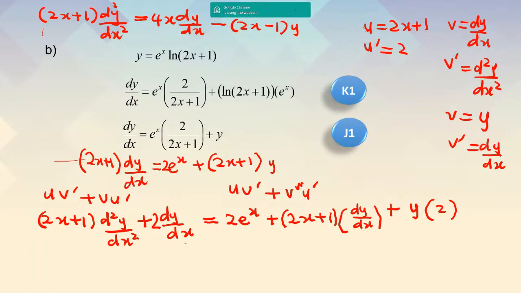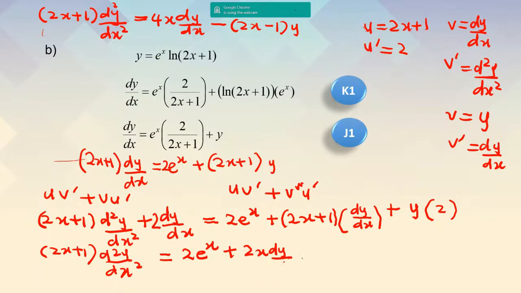So now 2x plus 1 d square y over dx square equals, bring 2 dy over dx to the right hand side, so 2e^x plus 2x dy over dx, plus dy over dx, minus 2 dy over dx, and then plus 2y.